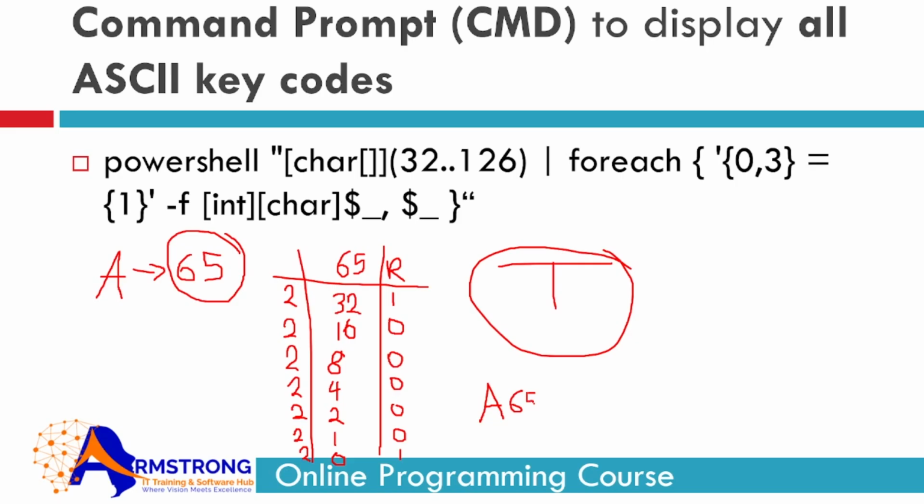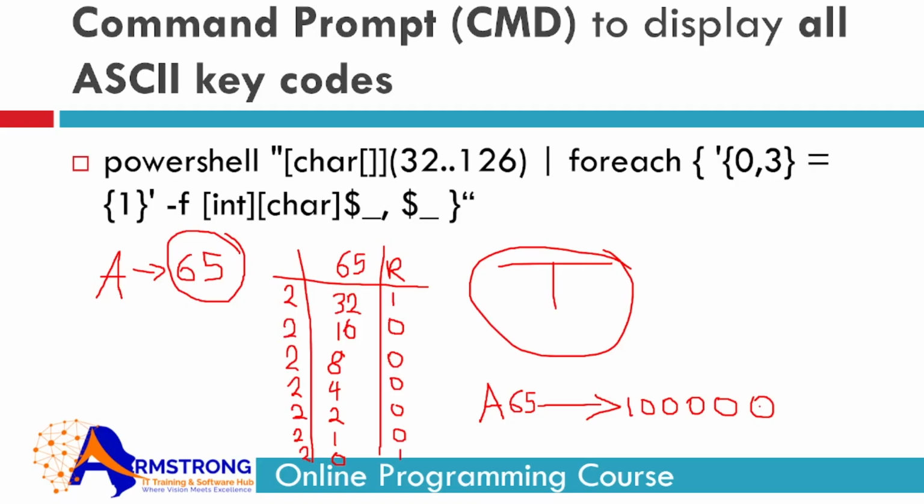So therefore the ASCII code for capital A, being 65, the computer then uses a binary code, which you pick from the bottom up: 1 0 0 0 0 0 1.